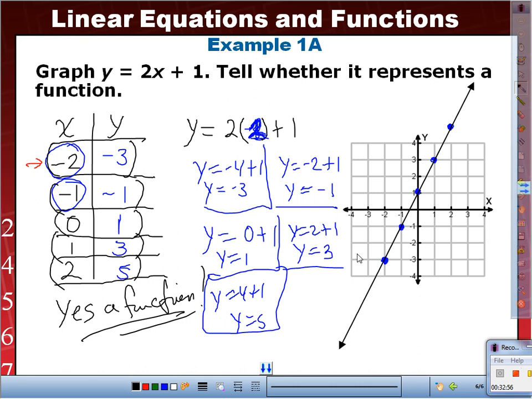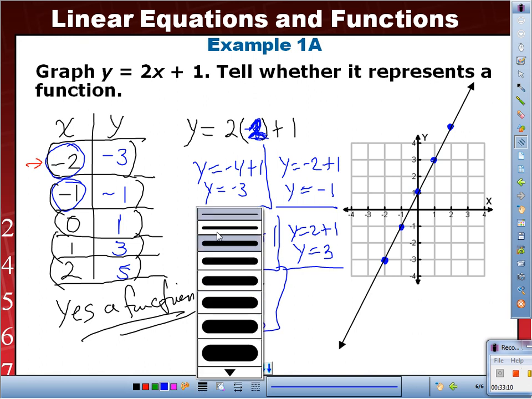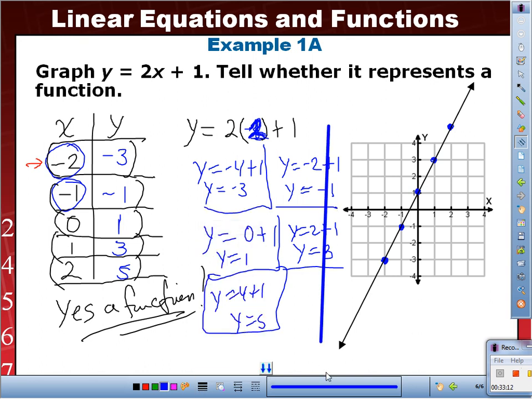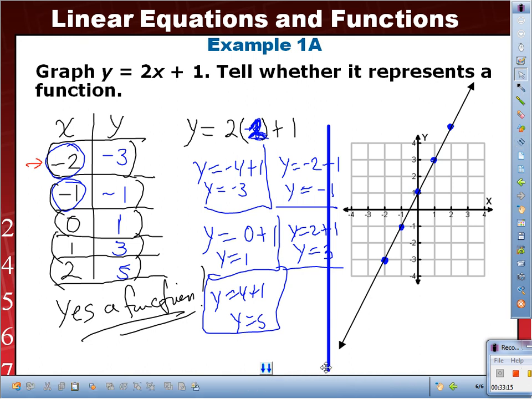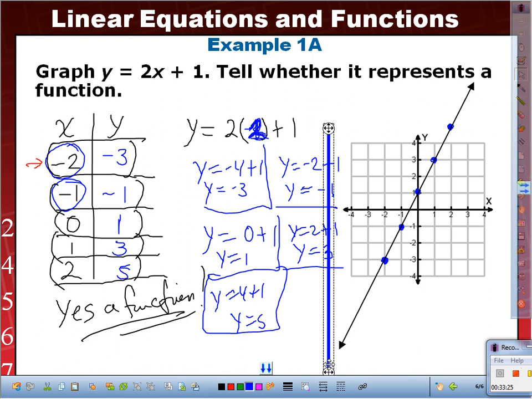Now let's check it using the vertical line check. And how do you do that? You can actually get your pencil and scan the line that you just drew. Let's scan this from left to right and see if my vertical line or your pencil or your pen as you're scanning it, go from left to right. See if it touches at more than one point on your line.